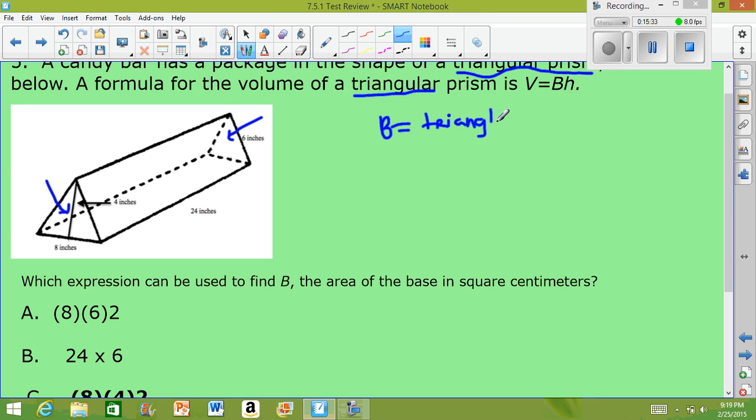So you go to your formula chart because you will have it. And we know that the area of a triangle is equal to 1/2 base times height. So that's little b times h. So all of this is only about our triangles.